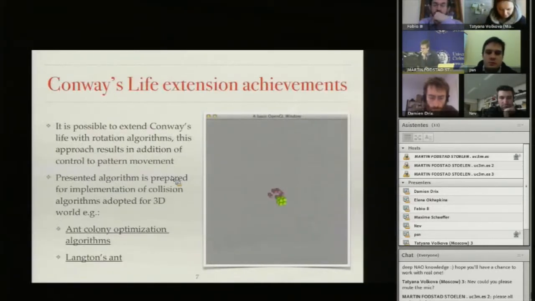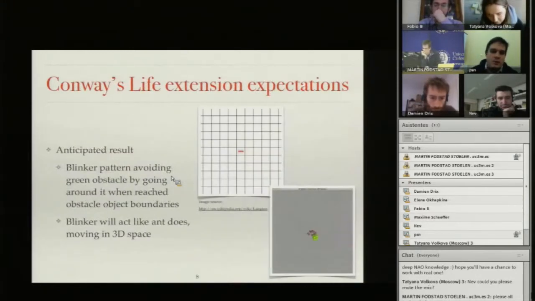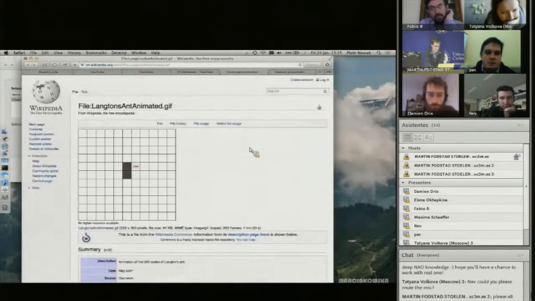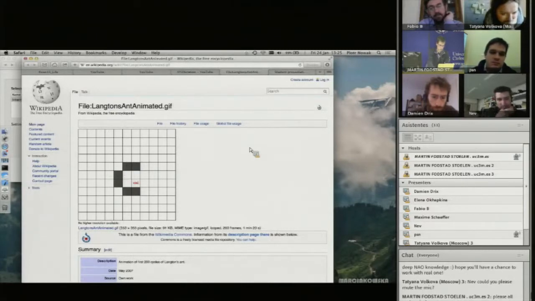So assuming what was shown, we can implement an algorithm like ant colony optimization or Langton's ant. And if we imagine that a blinker in 3D can move like this ant, it will avoid obstacles and go around, not collide with any objects.